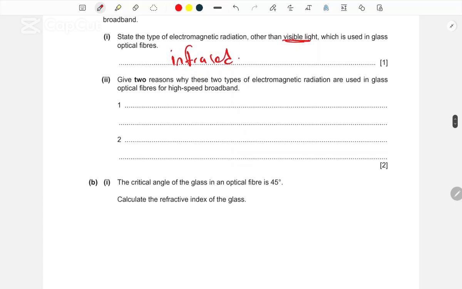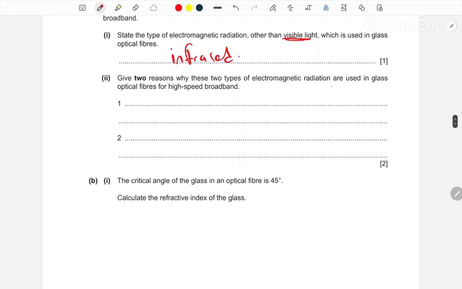Give two reasons why these two types of electromagnetic radiation are used in glass optical fibers for high-speed broadband. The first reason is that glass is transparent to visible light and to infrared.